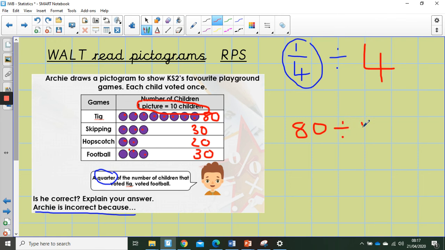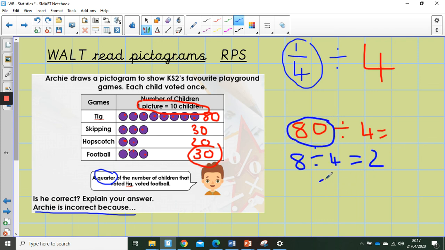So if he's right, 80 divided by 4 should equal 30. But I know that 8 divided by 4 equals 2. But I'm not dealing with 8, I'm dealing with 80. So I need to make my 2 10 times bigger.